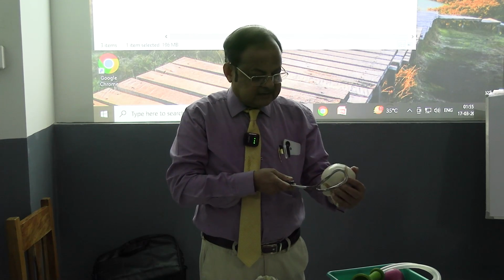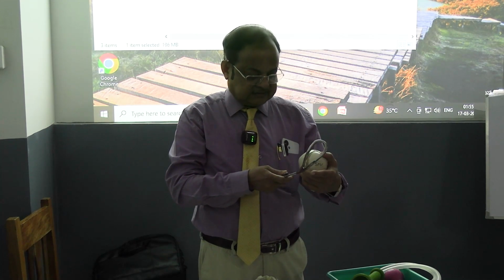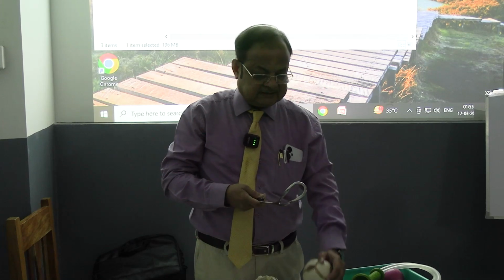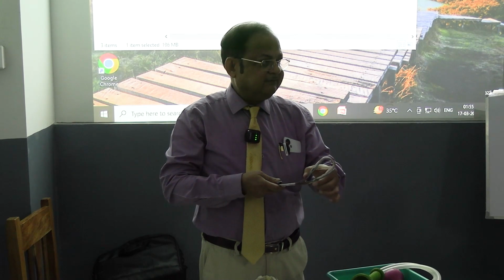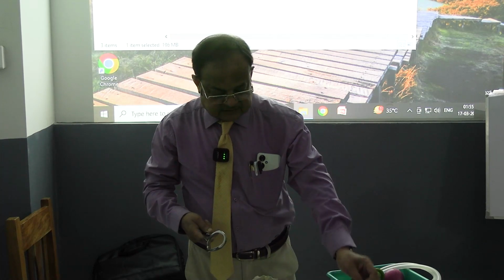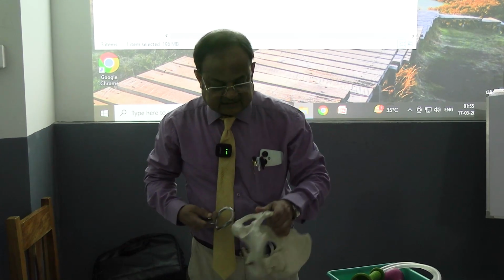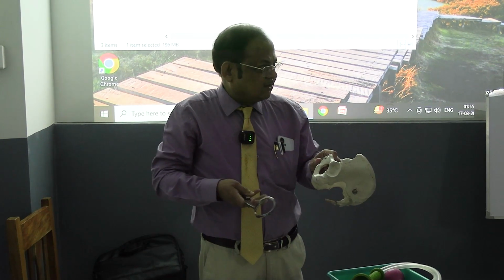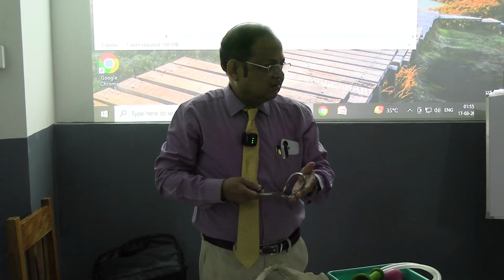This is the left blade, and the other curvature is the pelvic curvature. This actually corresponds to the sacral curvature, which is concave, so it is convex on this side.